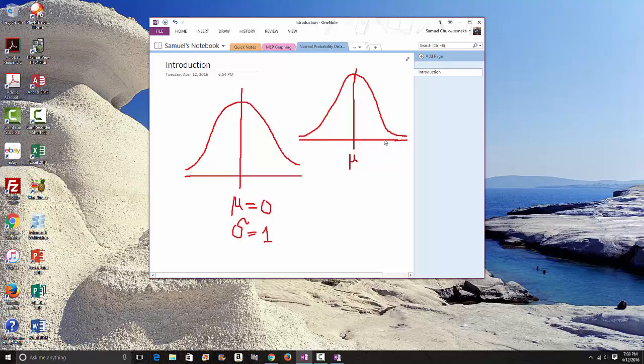Or as x decreases, this curve approaches but does not touch the x-axis.